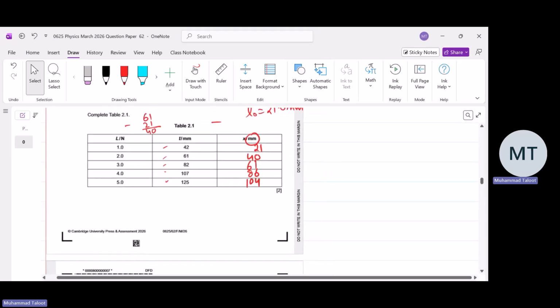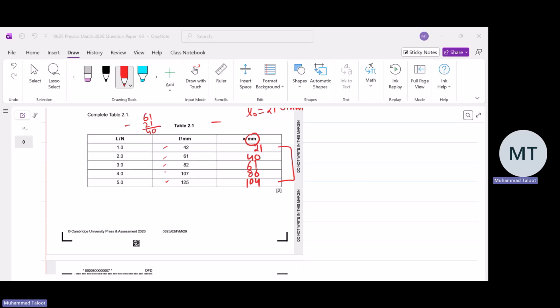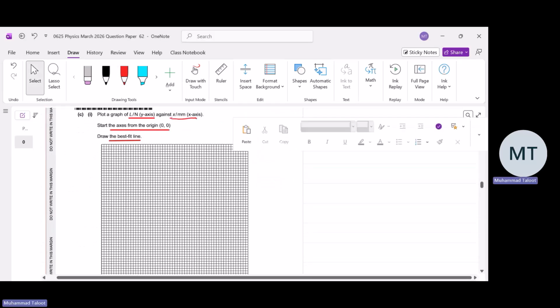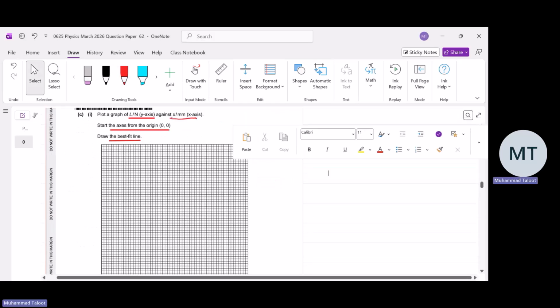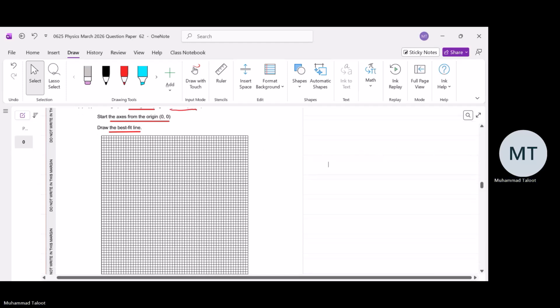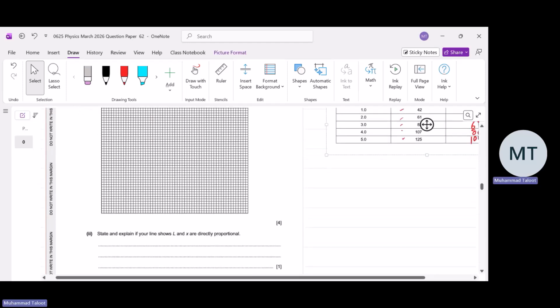X is going to be 21 to 104. Let me bring this table near to the graph so it would be easy for me. I copy this and paste it here so it will be easy to see the values.